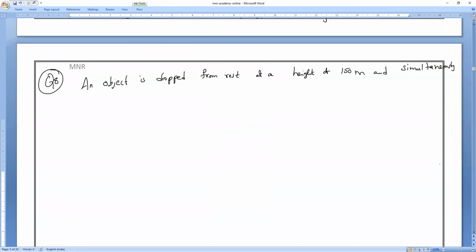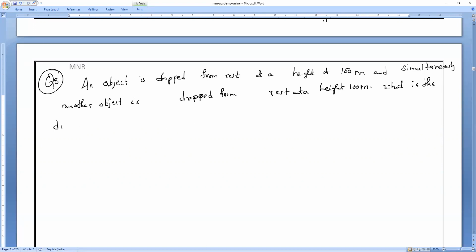At the same time, another object is dropped from rest at a height of 100 meters. So one object is falling from 150 meters and another object is falling from 100 meters. Correct? Everybody?